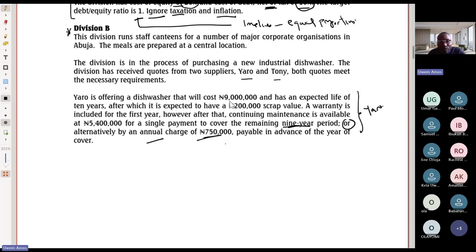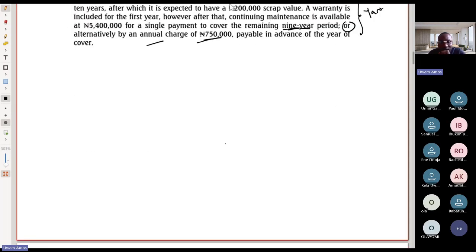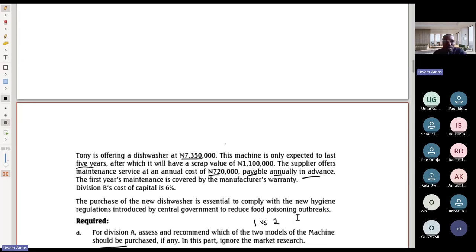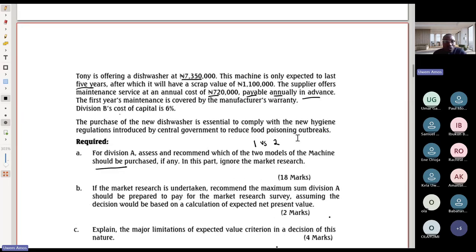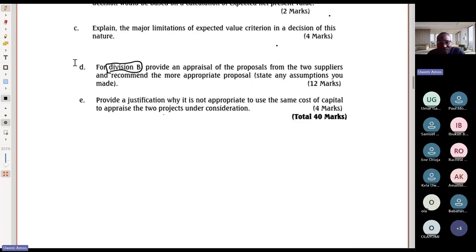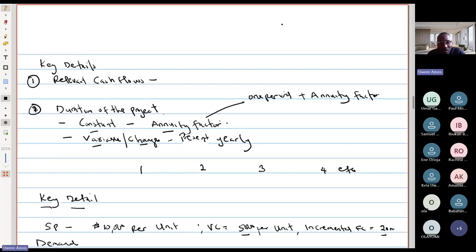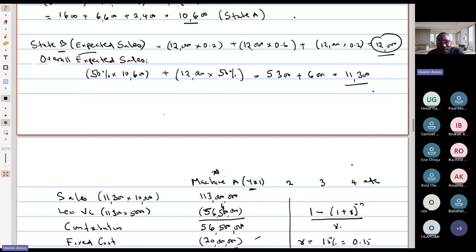Okay, so this is all about division B. And right here, it mentions that division B's cost of capital is 6%. So that's our rate of return or cost of capital. So 6% will be 0.06. So let's just plug it in there and get our annuity factor quickly.